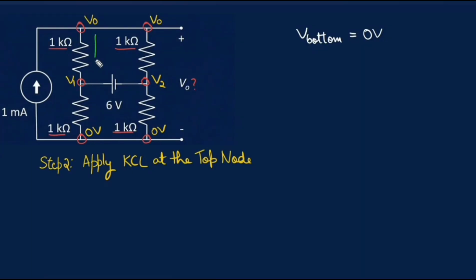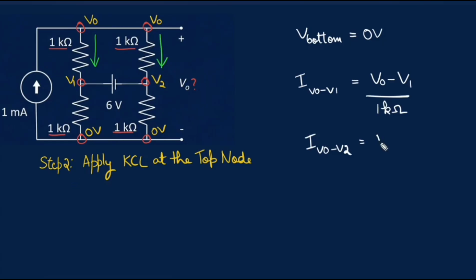So the current through the left resistor flowing from V0 towards V1 is (V0 minus V1) divided by 1 kilo ohm. Similarly, the current through the right resistor flowing from V0 towards V2 is (V0 minus V2) divided by 1 kilo ohm. The 1 milliamp current source points upwards, so it injects 1 milliamp into the top node.